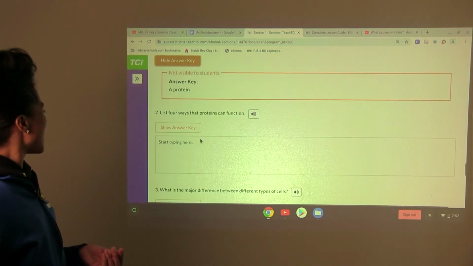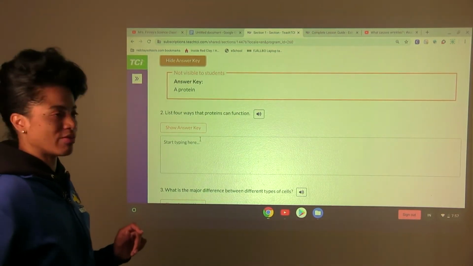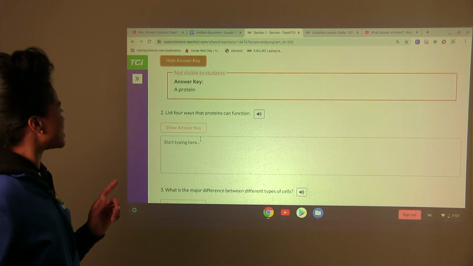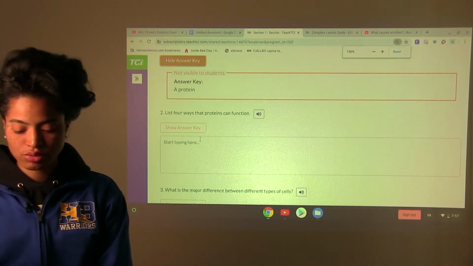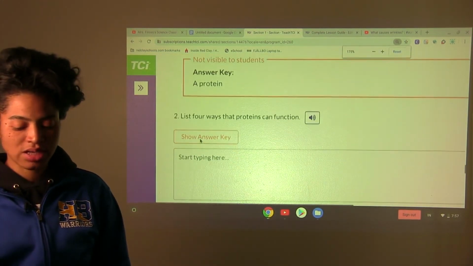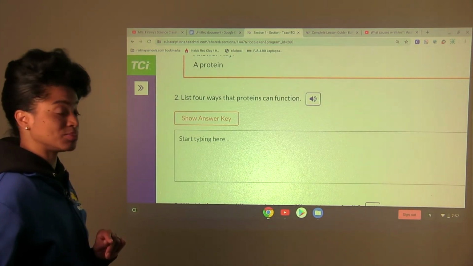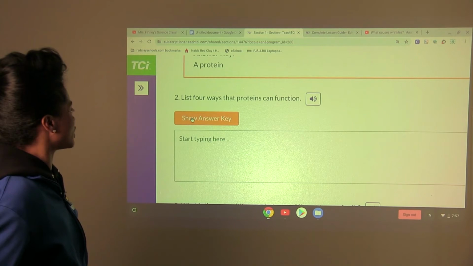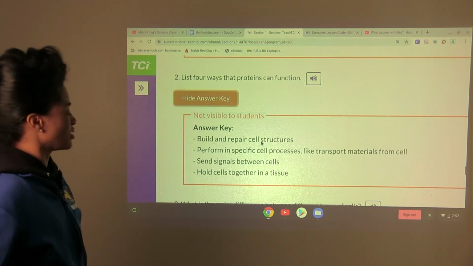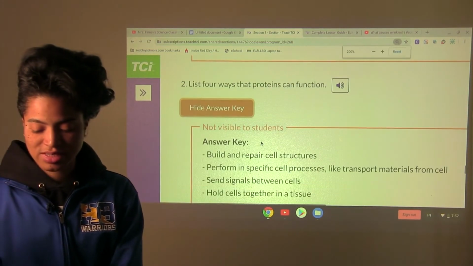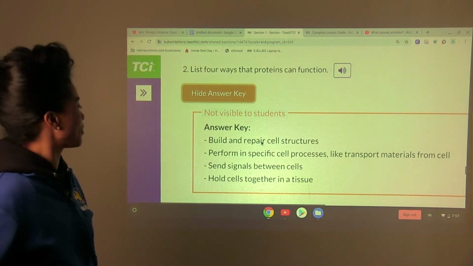Good job. All right, and we talked about this one already. List 4 ways that proteins can function. 4 functions of protein, and this is our learning objective. Here they are. Make sure you have this inside of your TCI program.